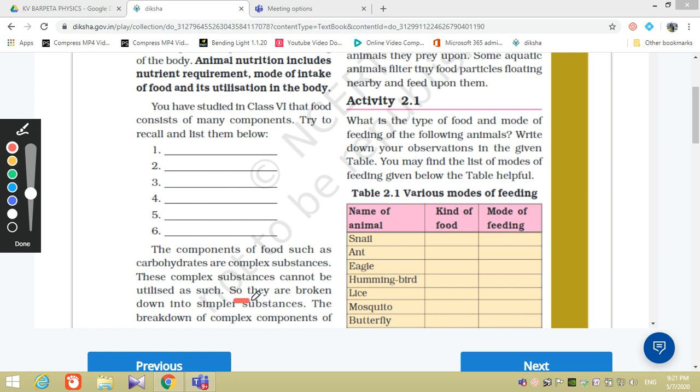So what has to be done? In order to use them, you have to break them down into simpler substances, so that the body can use them. Otherwise, they cannot be taken directly.